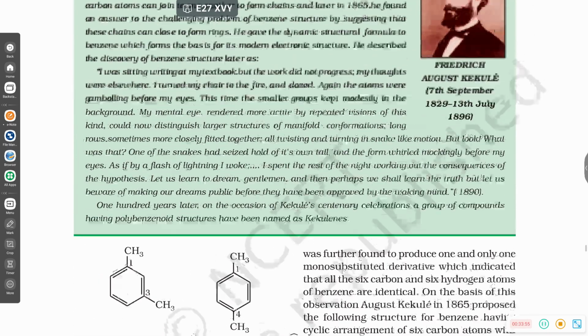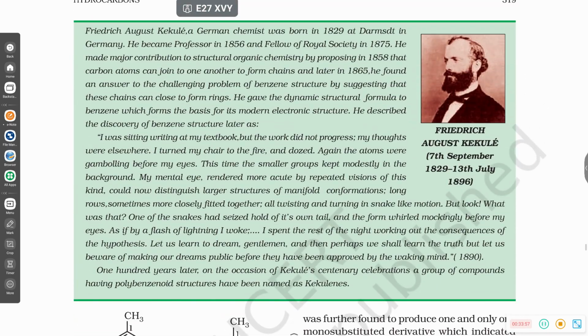Kekulé, this fellow, got the idea in his dream: one snake eating its tail. So a ring form may exist for benzene. It took several years to find the structure.